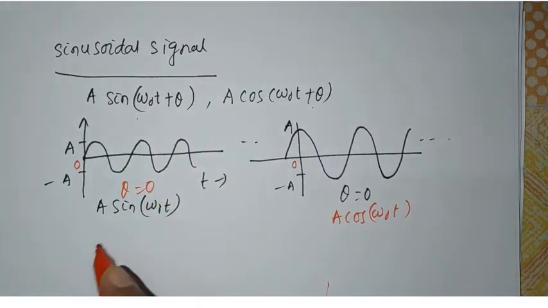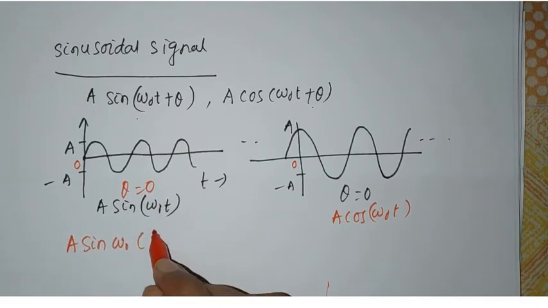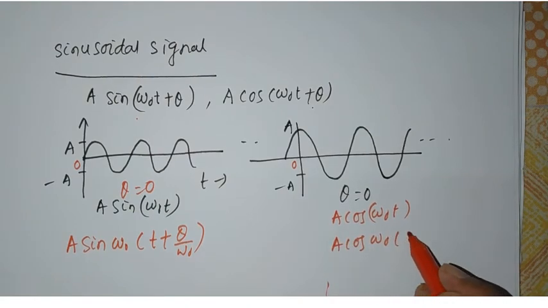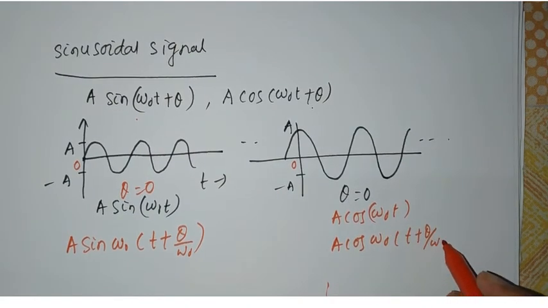That means you can represent it like this: A sine of omega 0 times (t plus theta by omega 0). Here you get a shift of theta by omega 0. Similarly here, you will get A cos of omega 0 times (t plus theta by omega 0).